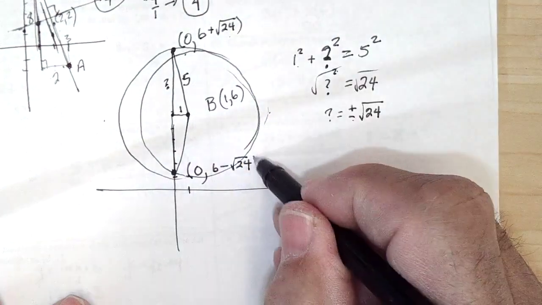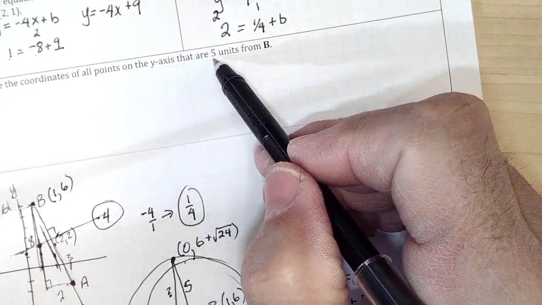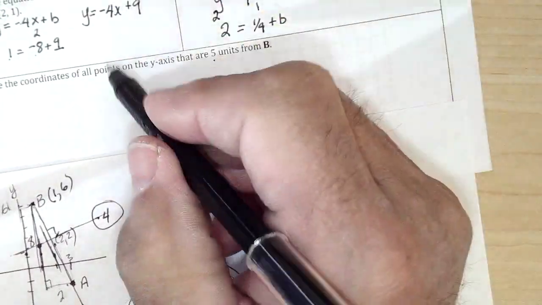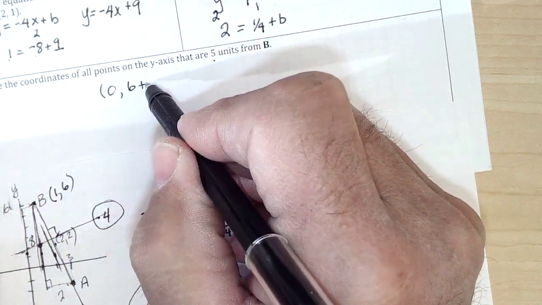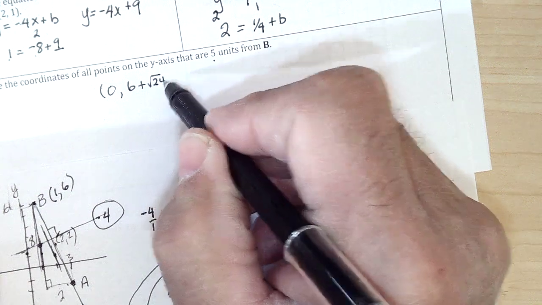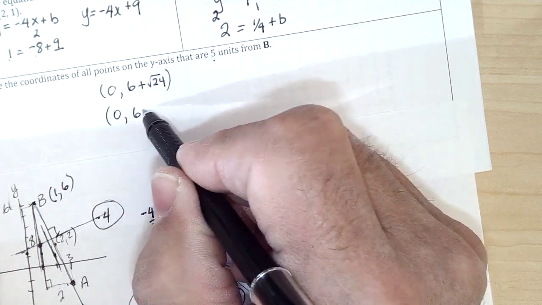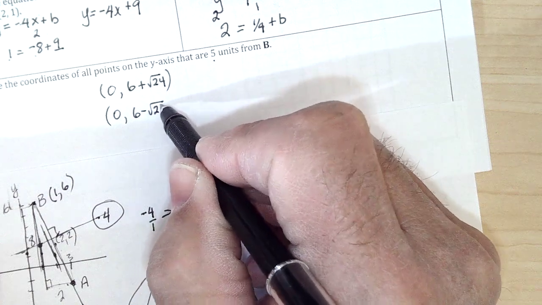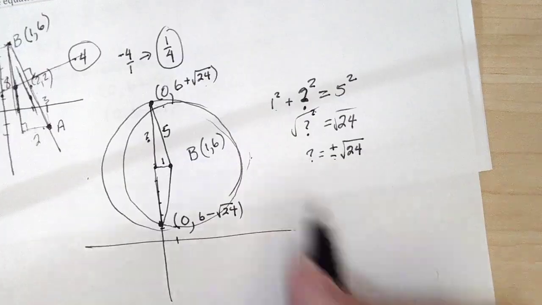So, the answer to this one, determine the coordinates of all points on the y-axis that are 5 units from B. They would be 0, 6 plus the square root of 24, and the coordinates 0 and 6 minus the square root of 24. And my work is shown here.